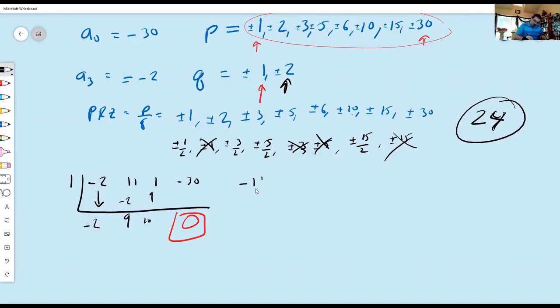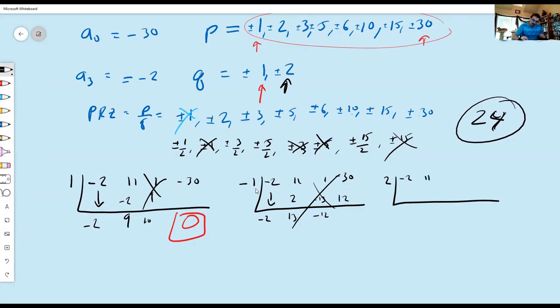So minus 1. So minus 2 gives me a plus 2, which is a 13. So minus 13, which is minus 12. Again, gives you a plus 12. Doesn't work. So plus 1 is dead to us, and minus 1. So positive 2.